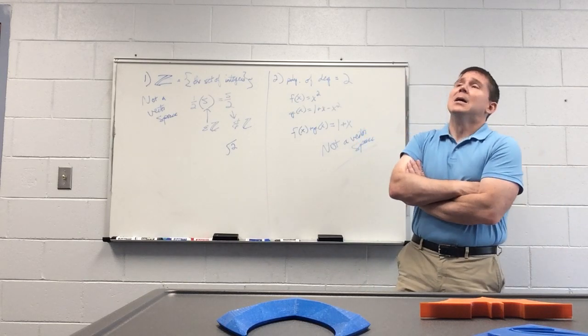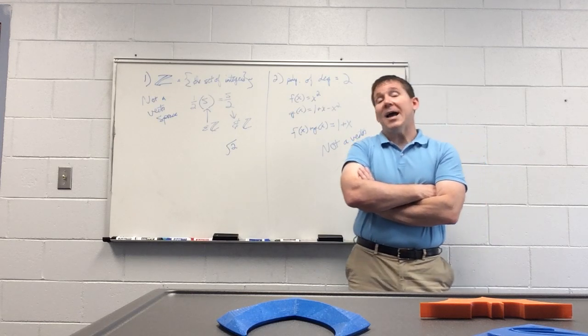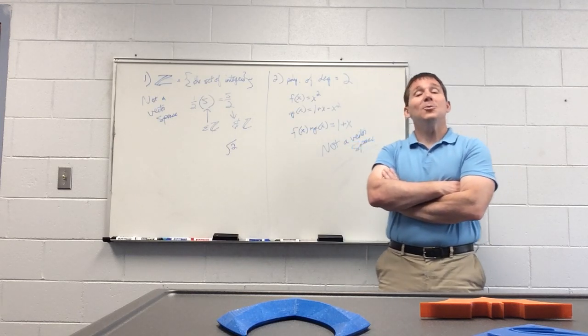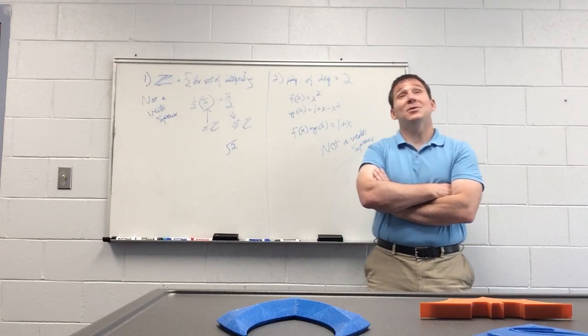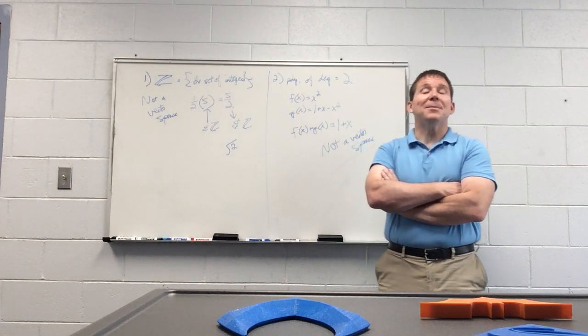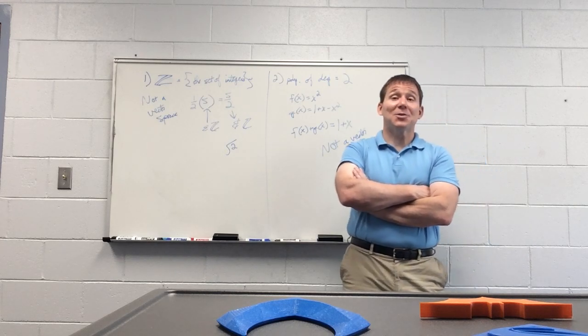And so again, we have this idea of a vector space, which is really important. We have the definition, all 10 properties. Now we want to be able to look at different sets of things, be they vectors, matrices, functions, sets of numbers, you name it, and say, is this a vector space, yes or no?